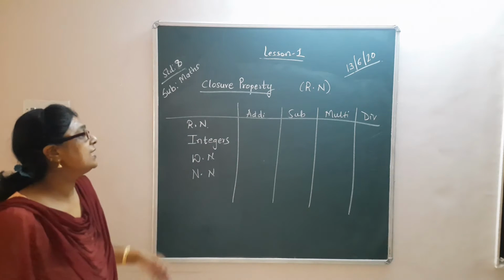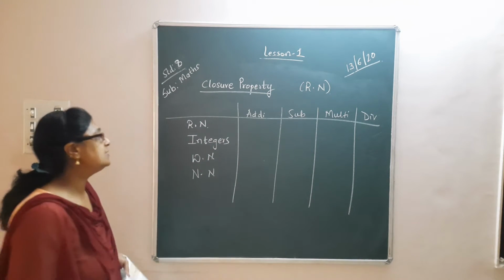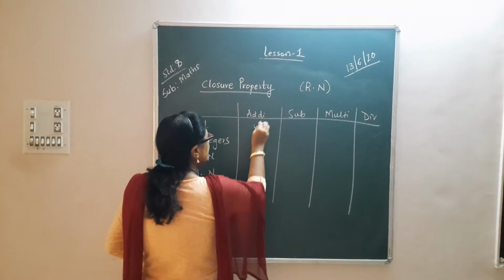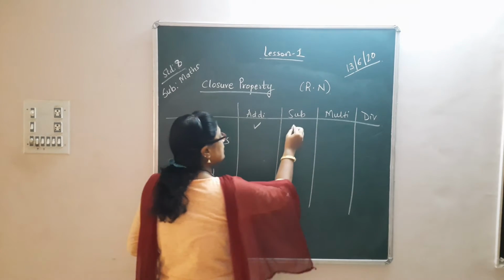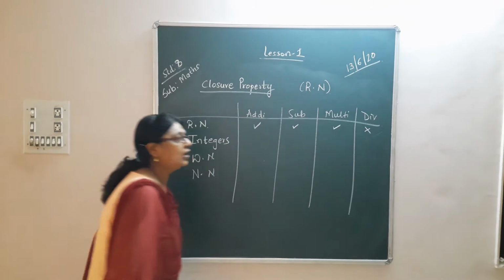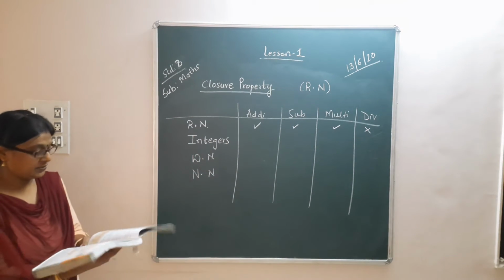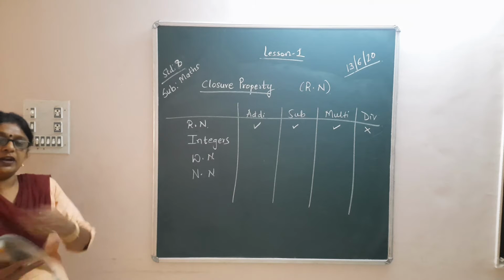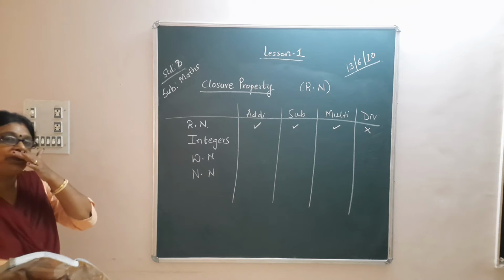Now what did we see in rational numbers? That it is true for addition, subtraction and multiplication, but not for division, for rational numbers.